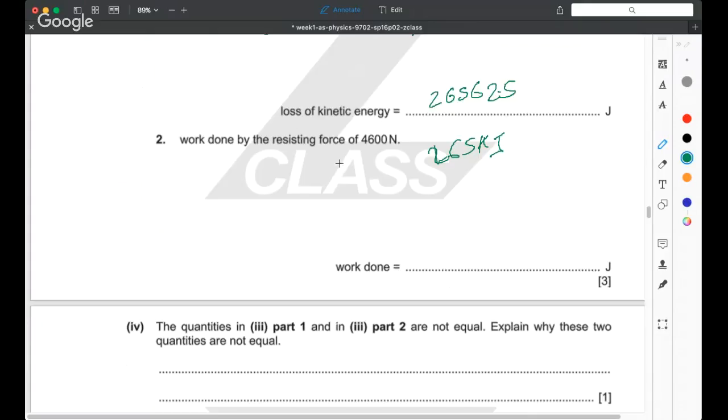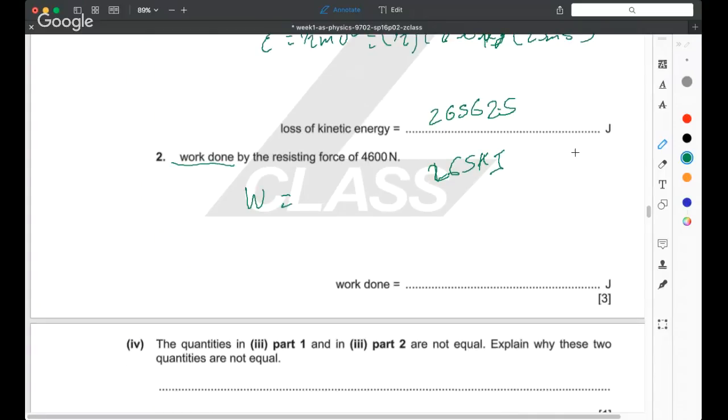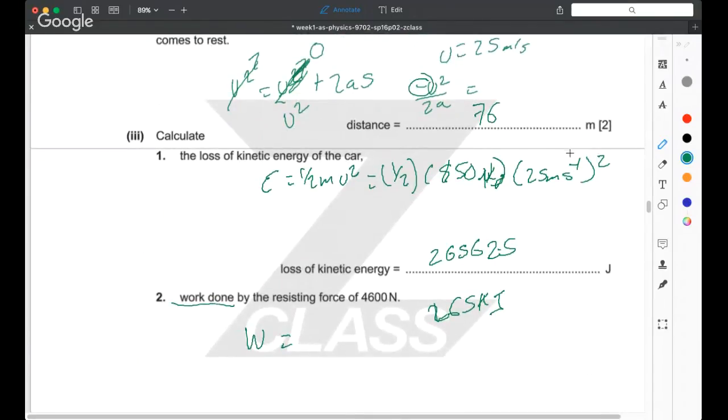So how do you calculate the work done? Work done is force times displacement, to resist the force of 4,600. What is the displacement? 76 meters, right?